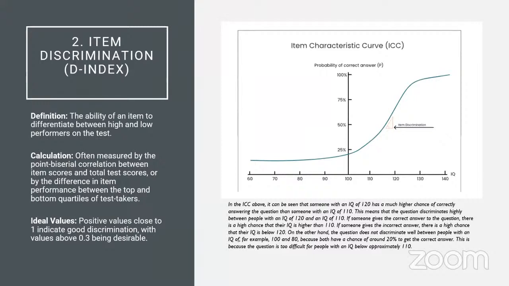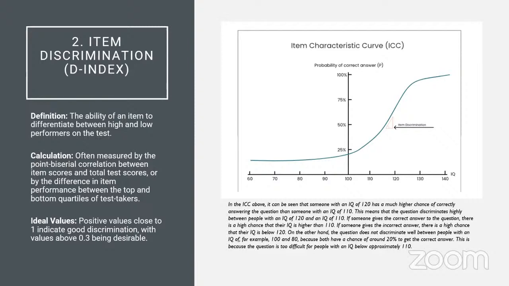For example, you want to study the depression level. So take the highly depressed people and the relatively less depressed people, and see whether these two groups are significantly different with respect to the means or not. Okay, that you can do. Or you can do the point biserial correlation between item scores and the total test score.